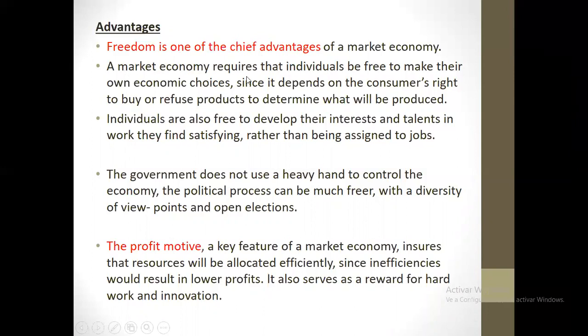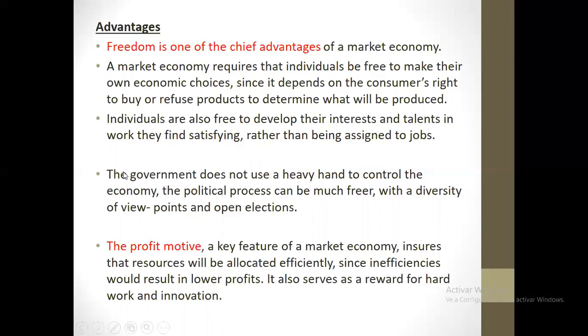A market economy requires that individuals be free to make their own economic choices or decisions, since it depends on the customer's right to buy or refuse a product, okay? Individuals are also free to develop their interests and talents in what they find satisfying rather than being assigned a job, like it happens in a command system. They assign you and you have to do it.